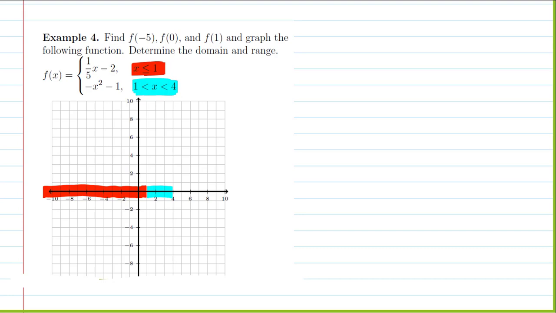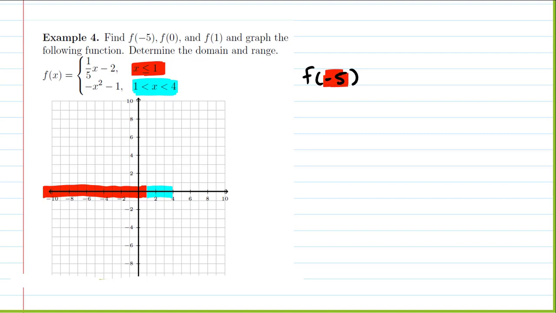So then, if I were asked to find f of -5, I have to determine which domain -5 is in. So I have to answer the question, is -5 less than or equal to 1, or is -5 in between 1 and 4? Well, -5 is definitely less than or equal to 1.